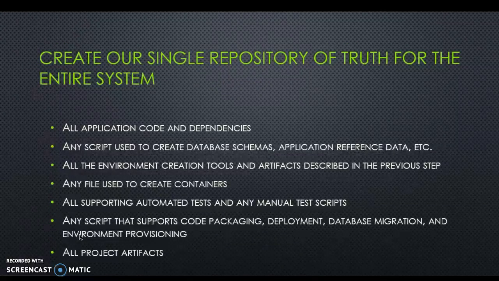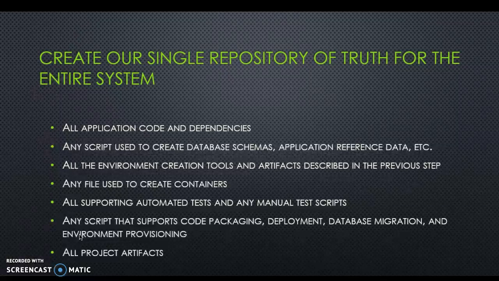This is a very important point when we have to create a single repository of truth for the entire system. It doesn't make sense to have multiple repositories for the system, and it also doesn't make sense to have one repository that doesn't have the entire system in it.